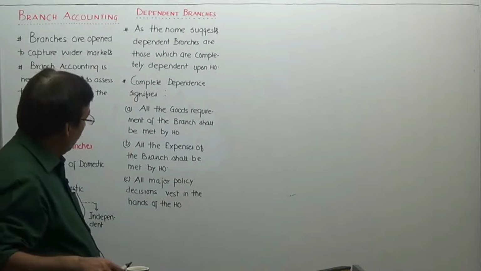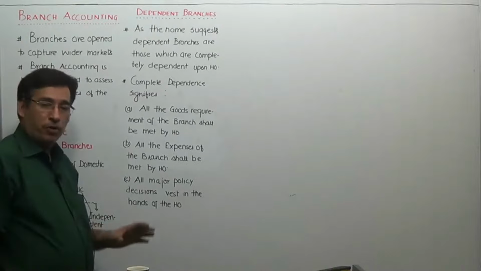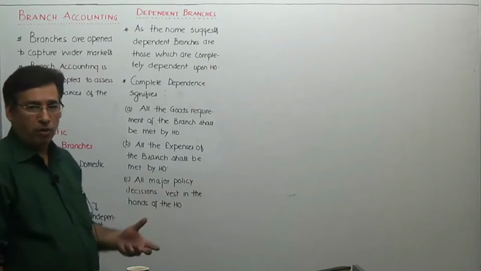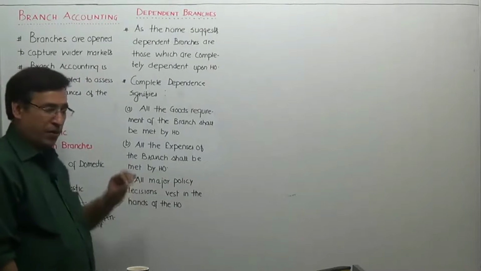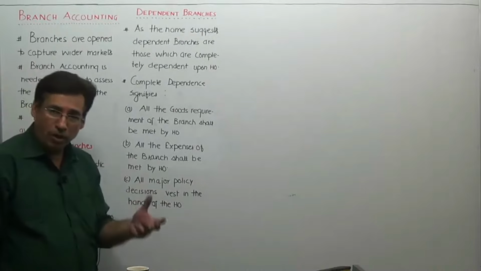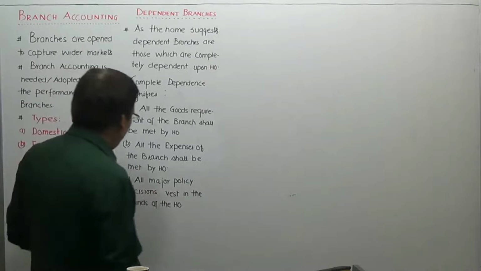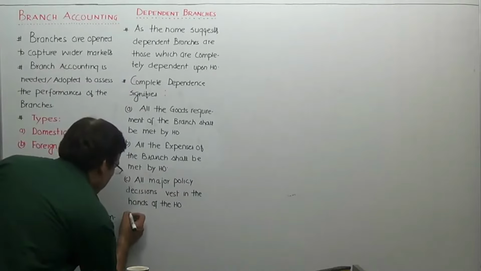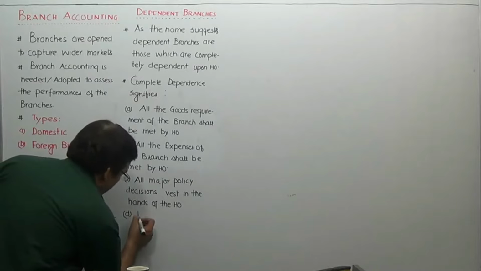Now, what is the branch manager supposed to do? The branch is just expected to, as I have already told you, follow the various instructions and directions, implement those directions, and execute them to the best of their ability. Branch, or branch manager, whatever you may like to write.